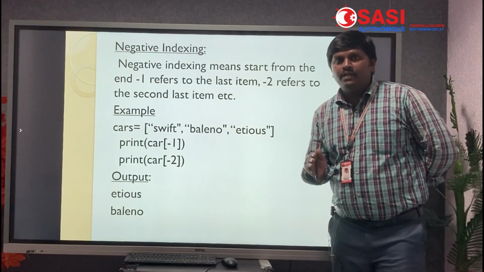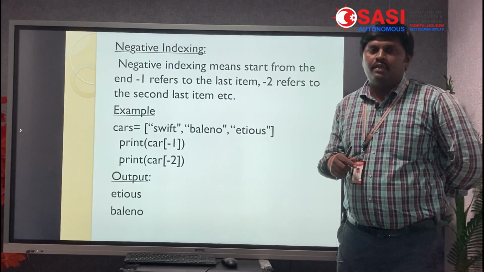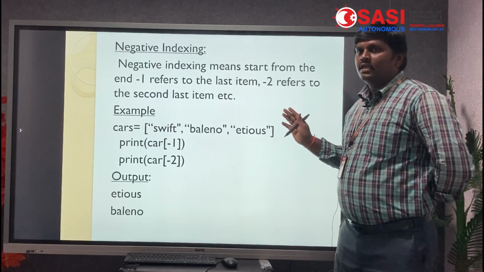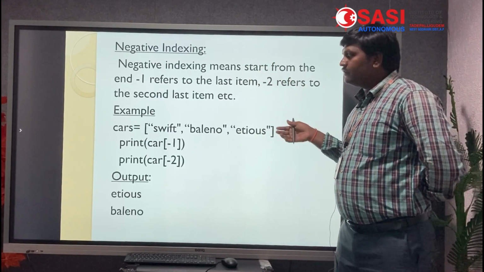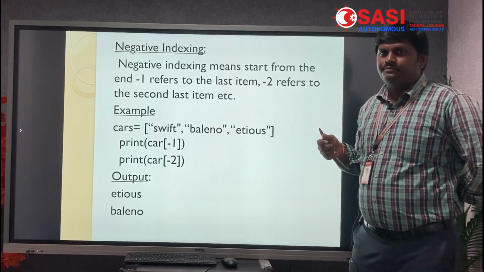Negative index values refer from last to first, while positive values refer from the starting onwards.